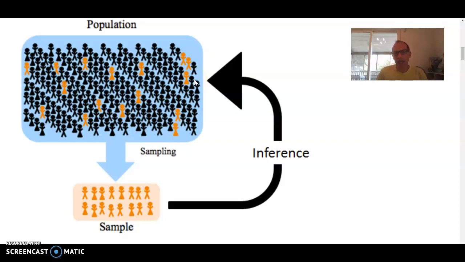And so that's why you can't just look at what you see happening in your sample and automatically say, oh, we found something statistically significant. The whole point of statistical significance is saying that the result we saw in the sample was so strong that when we look at the confidence interval, whether we take the worst case scenario or the best case scenario, we're pretty sure that the same result would be true in the population.